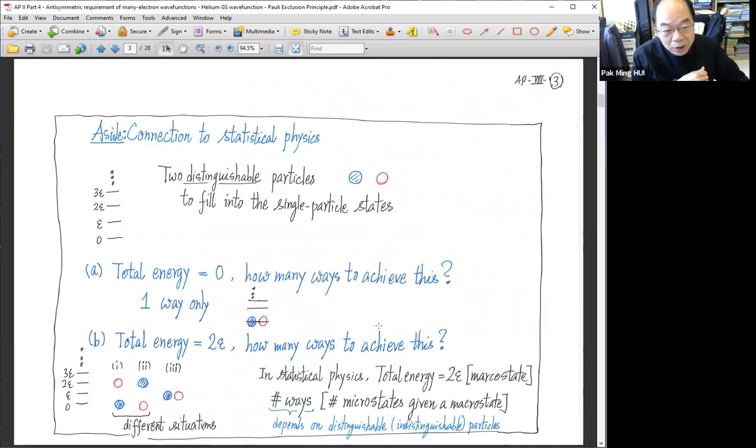For example, you have two distinguishable particles. I draw them as a blue and a red, okay? Even if you use black and white, you can distinguish them. Now, each particle has an energy spectrum.